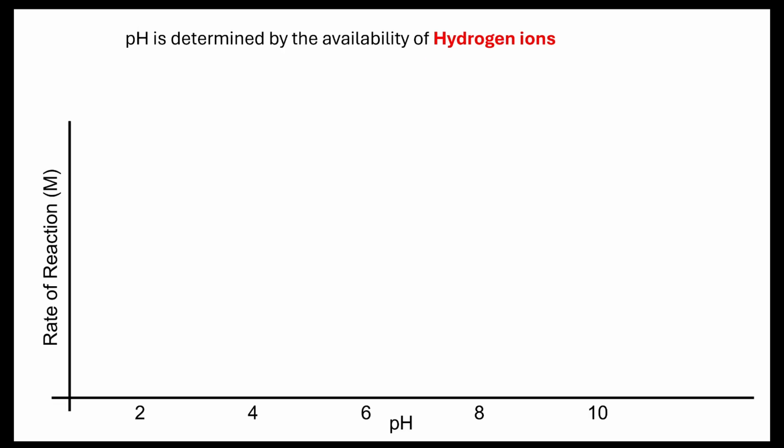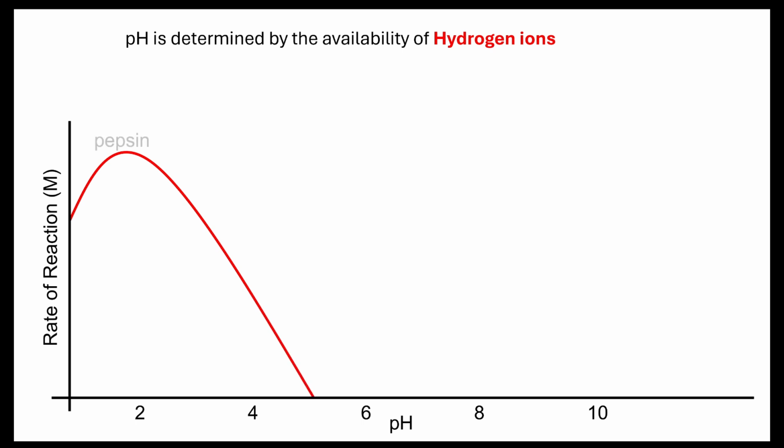Well, pH is another condition which is going to affect the activity of the enzyme. Now, pH is determined by the availability of hydrogen ions. Potential for hydrogen is what pH stands for. So we know that if we have a low pH, there are lots of hydrogen ions, and if we have a high pH, there are very few hydrogen ions.